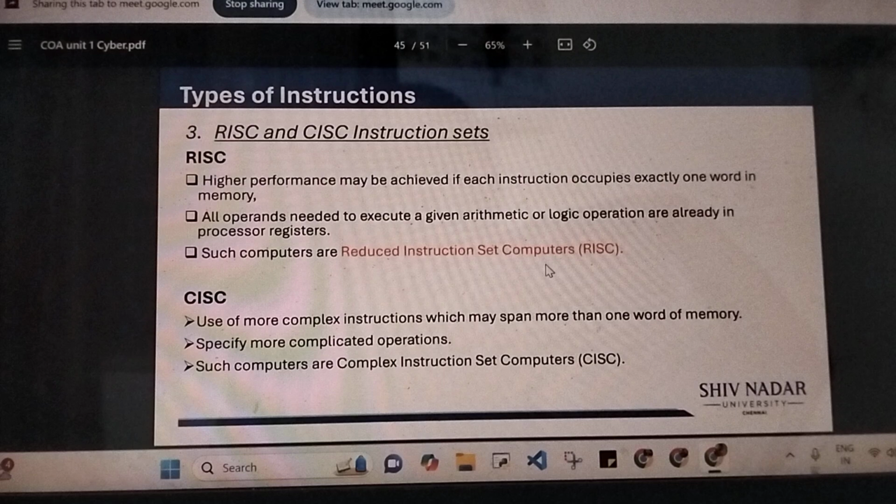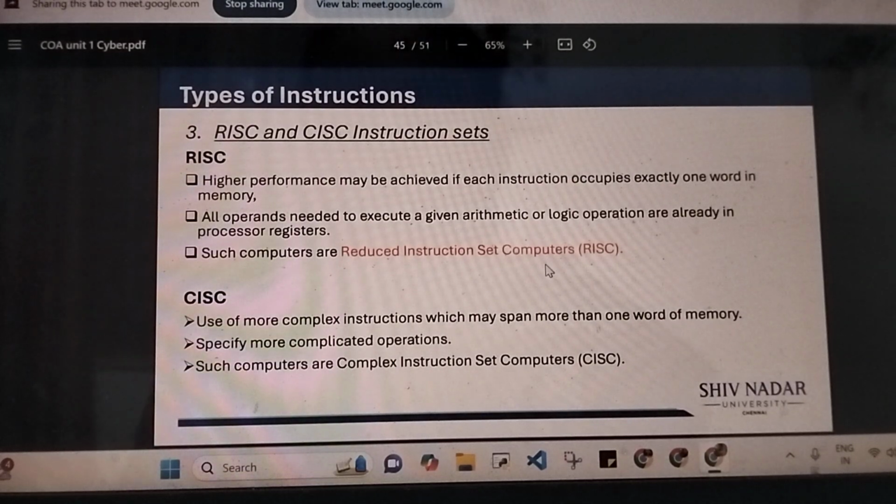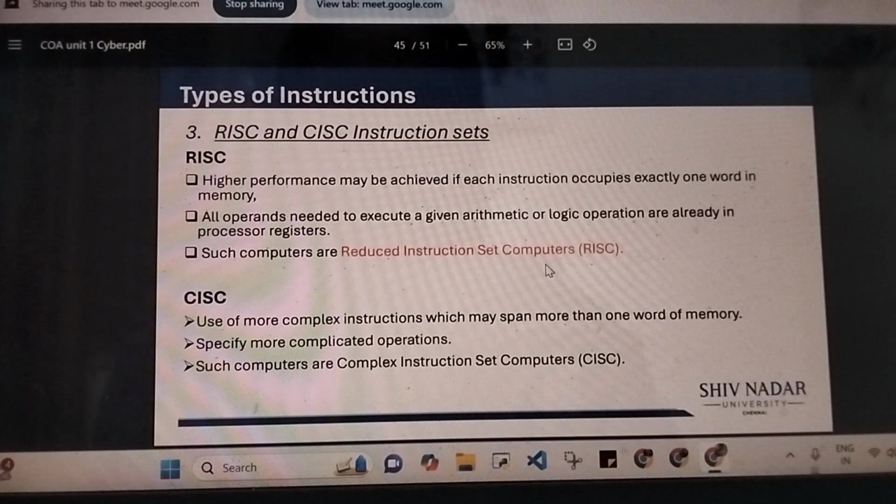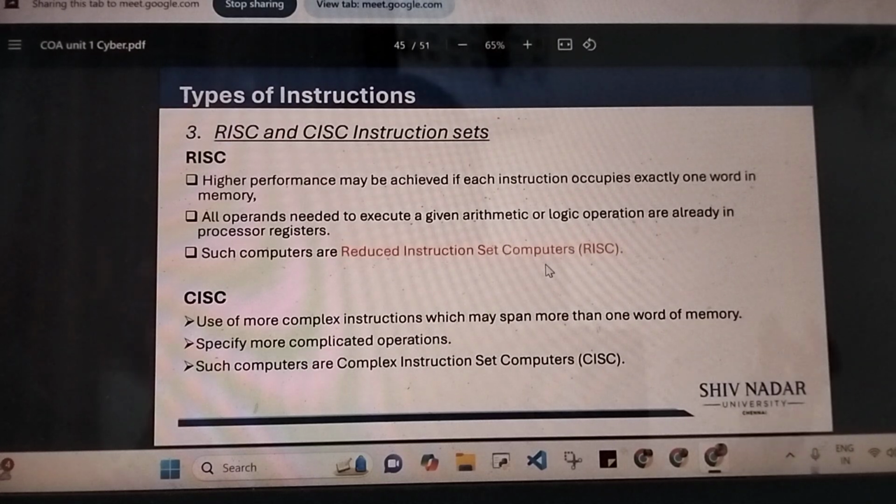For example, if you take a 16-bit address and you allocate only 3 bits for the operation code, then you can have at most 8 unique operation codes, not more than that, because 2 power 3 is 8, and that will definitely not be sufficient to represent all the different operations in a computer, right? So that was a toy example just to make you understand how things work.